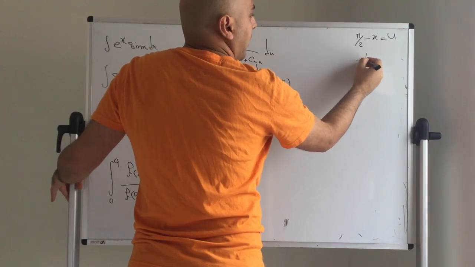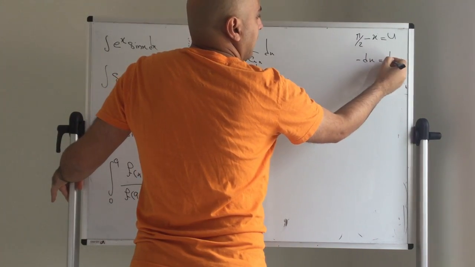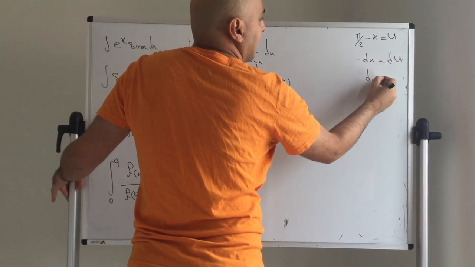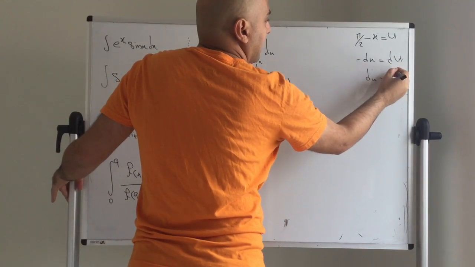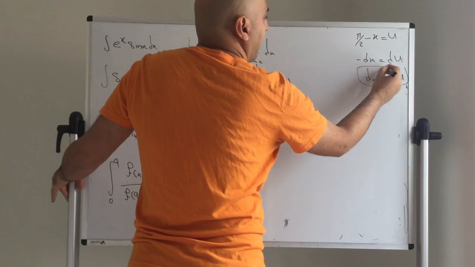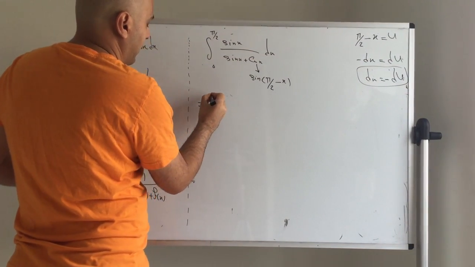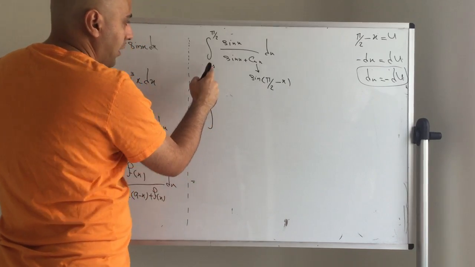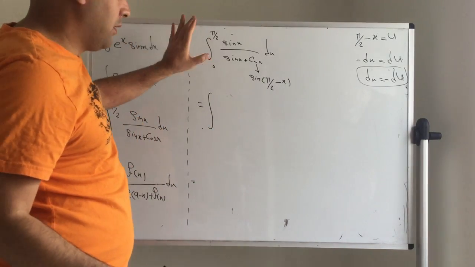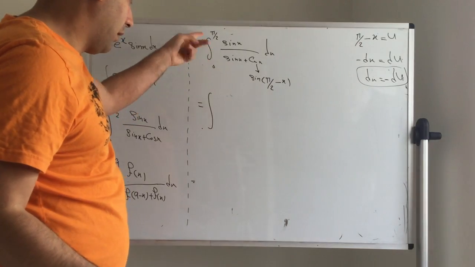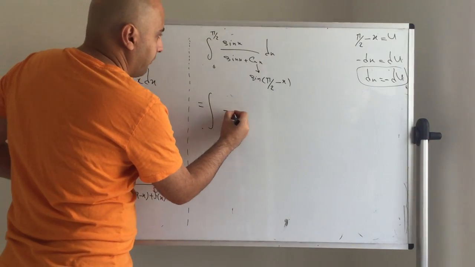So dx equals minus du. Now I replace. Let's see what happens. For the boundary, now I start, then I will find it.